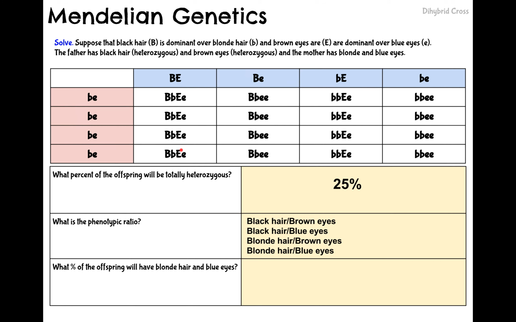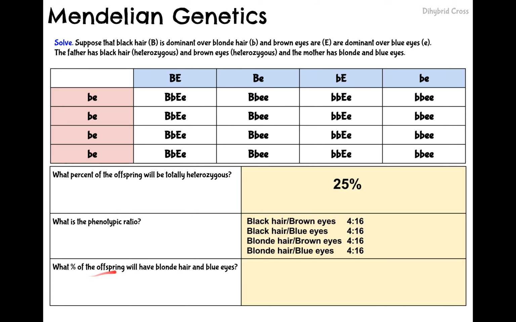So I have 4 that are black hair, brown eyes. In the next 4 right here, I would have black hair, blue eyes. I would have blonde hair, brown eyes. Then I would have blonde hair, blue eyes. So I would have 4 out of 16 for each of those scenarios, or 25% for each. But again, it asks us for the ratio.